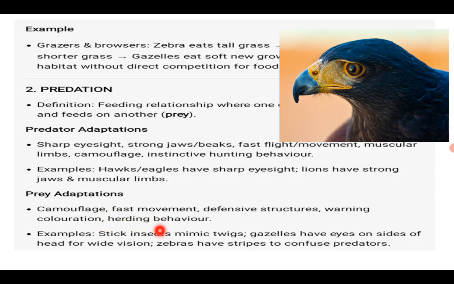Examples include stick insects, which mimic twigs. Gazelles have eyes on the sides of their head for wide vision, for them to be able to see their predators and escape. Zebras have stripes to confuse predators. The stripes mimic the color of their environment in order to confuse their predators. So these are called prey adaptations.